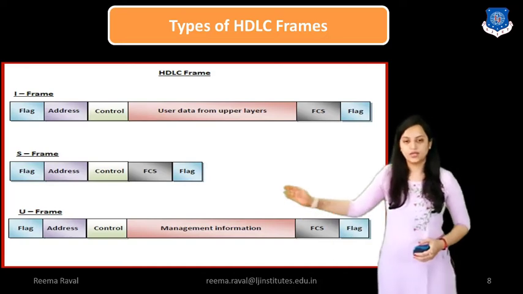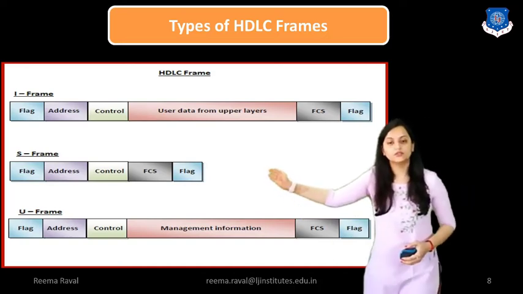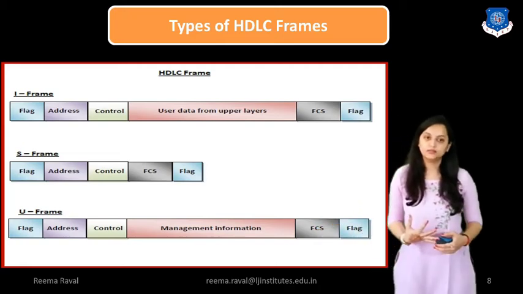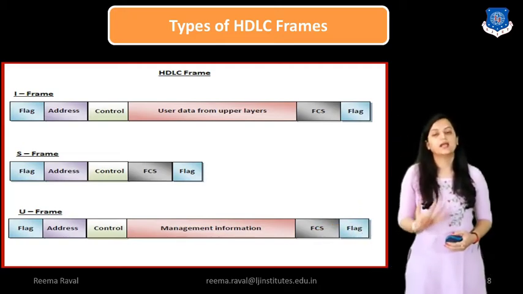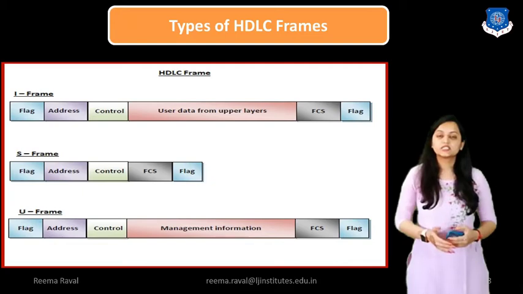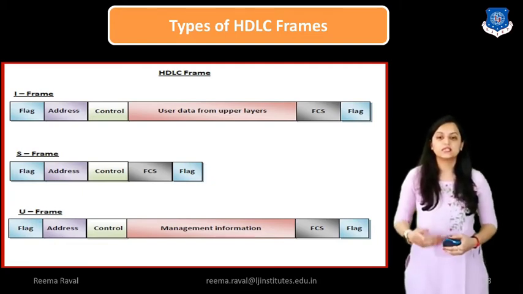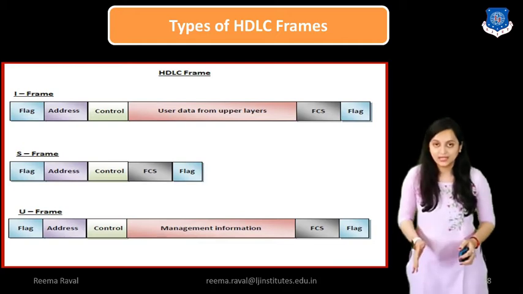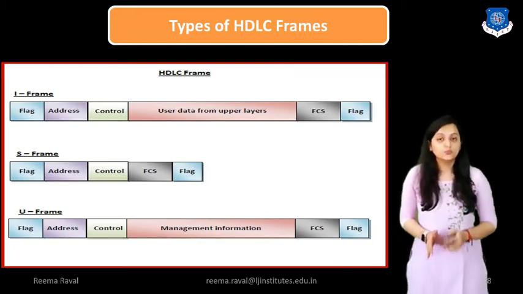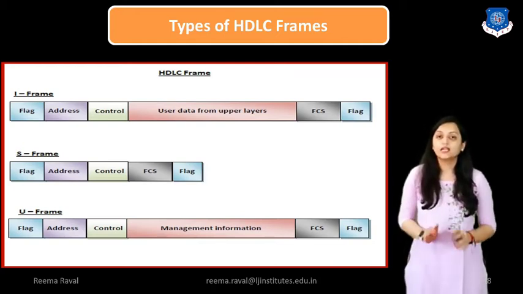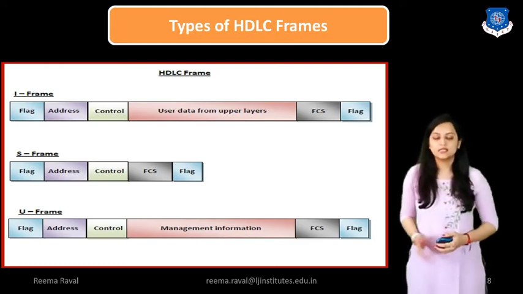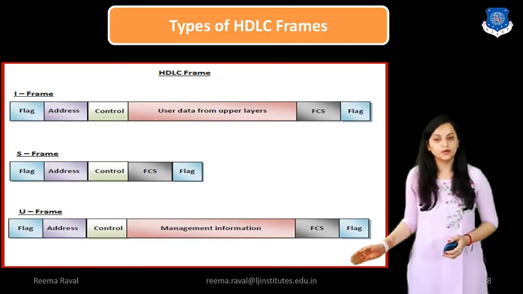Next is the S frame. Here in the S frame, the first field is the flag field, the last field is the flag field, the second is the address field, the third one is the control field, and the next is the FCS field. Here it has no user data field because this is a supervisory frame which does not contain any information. Okay. Next is the U frame, which is the unnumbered frame.